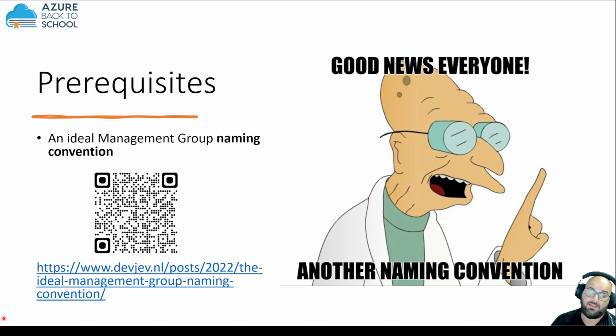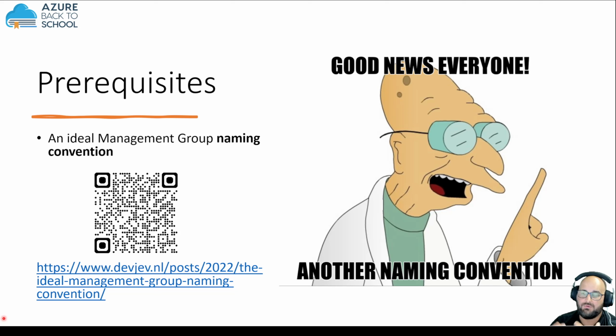Second prerequisite, and on this one I got you, bro, is an ideal management group naming convention. I wrote already a blog post. Check out the link here or the QR code or click it below, because the IDs of management groups are immutable, similar to regular Azure resources.